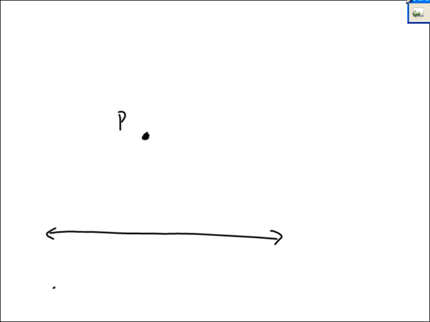Well, what you do is you draw any old line that crosses P and the given line. And basically, you want to construct that angle up here. You want to get the same angle. But we've already done that.